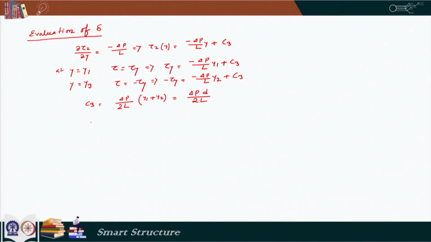So, from that we can find out delta as tau y multiplied by 2L divided by del p. So, we can see that the thickness delta, as per this model, is the same as the thickness delta that we got from the Bingham plastic model.